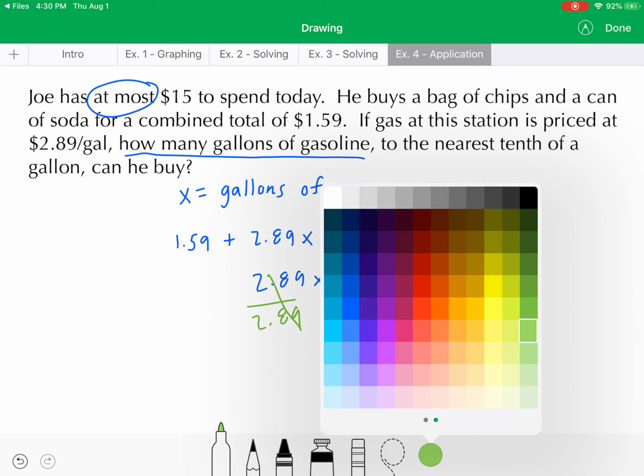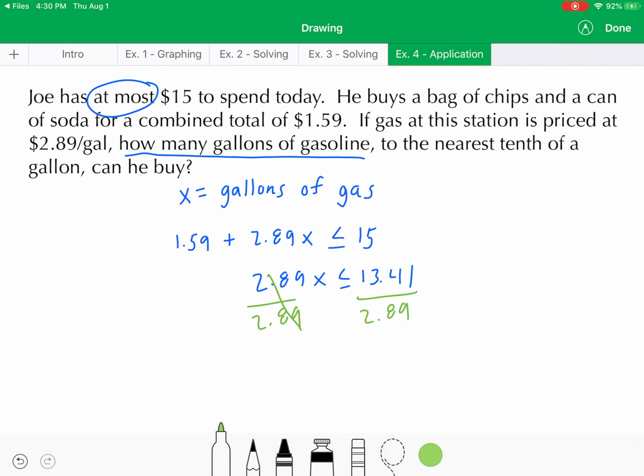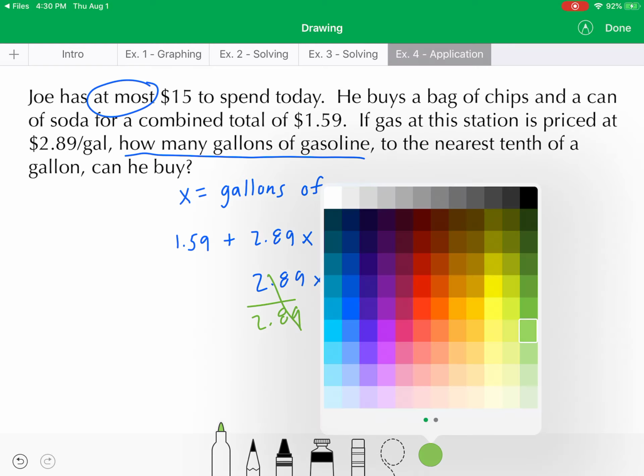And let's see, what do we get here? 13.41 divided by 2.89 is 4.64, so to the nearest tenth of a gallon, that would be 4.6 gallons.